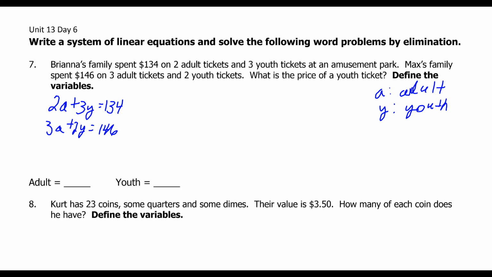So what we have to do is find something to cancel, make something cancel. I'm going to multiply the bottom one by -2. I'm going to multiply the top one by 3. When I do this, I'm going to wind up with 6a plus 9y equals 402.